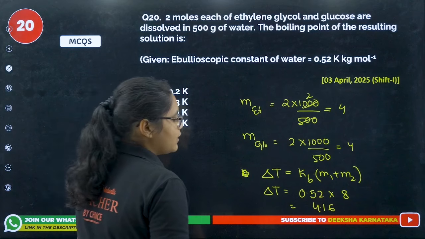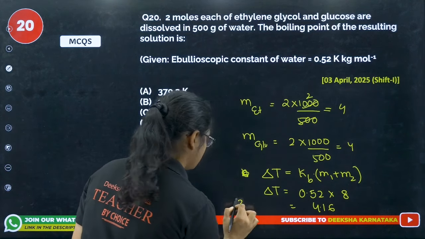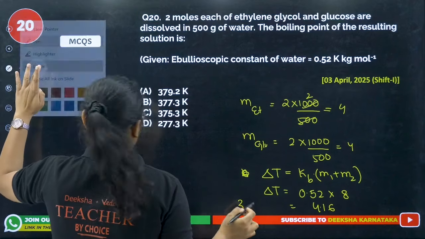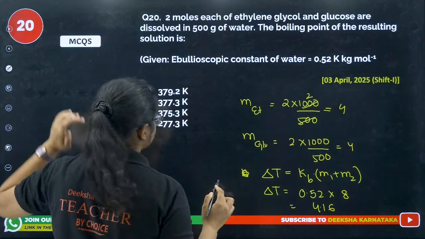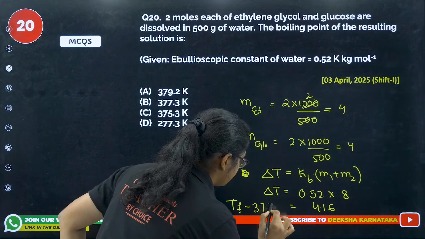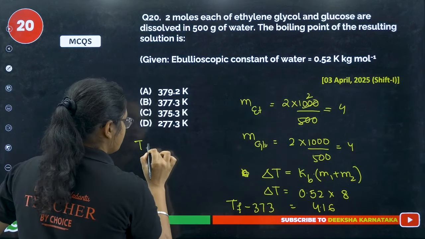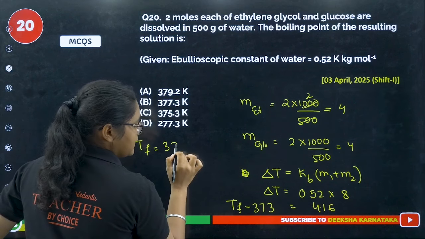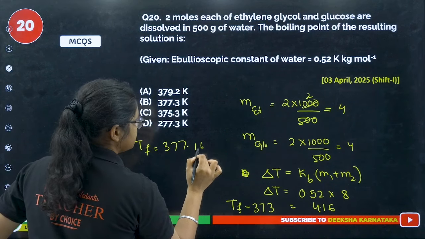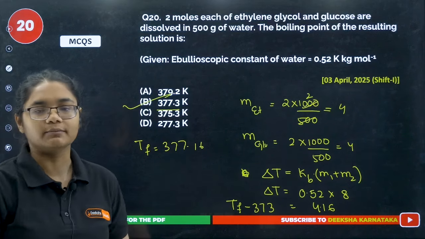Now delta Tb is equal to Tb minus 373. Then I will have Tb as 377.16, something. So 377 something I'll get, which is option number B.